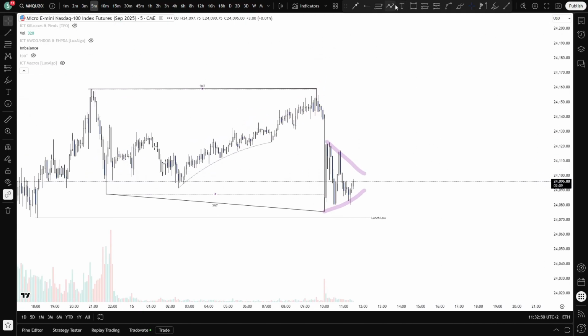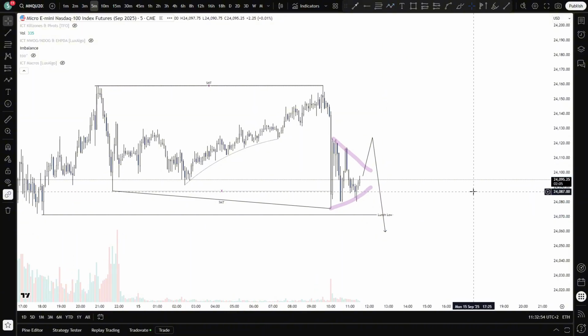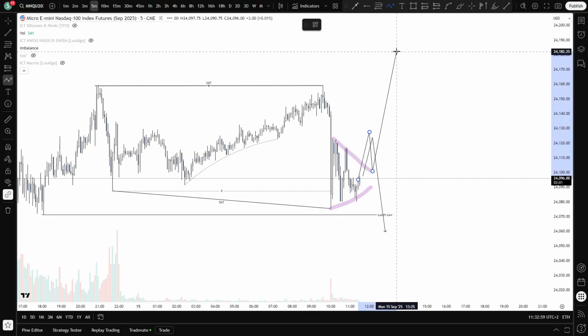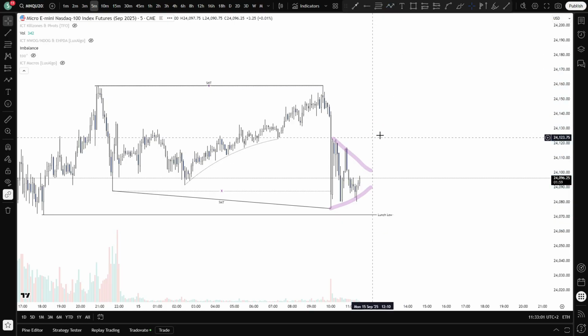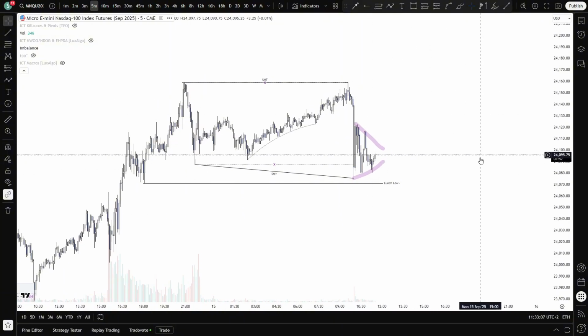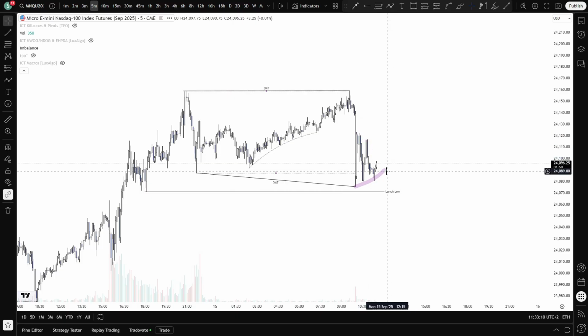In a compression, if you're gonna take out one side, there's a likelihood that we can rotate towards the other side if we fail to hold our old highs and make new highs. So if we're gonna create a compression right here, I just wait to break out towards one side and trade towards the other side if you get some more local confirmations.